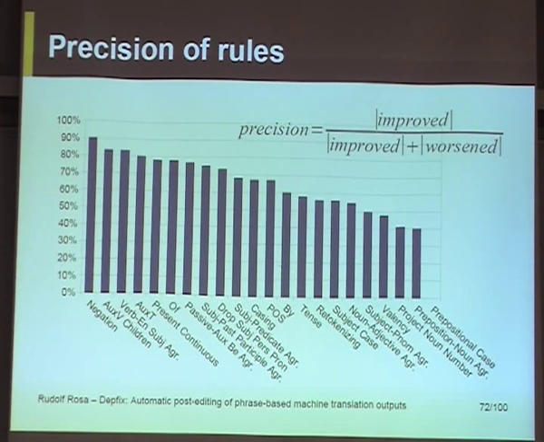We also evaluated the individual parts of DEPFIX. And this is something like precision of the individual parts. From all the sentences that were either improved or worsened by the rule, we take the proportion of the ones that were improved.